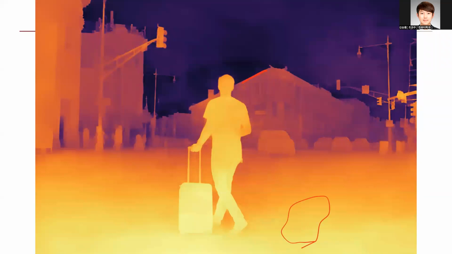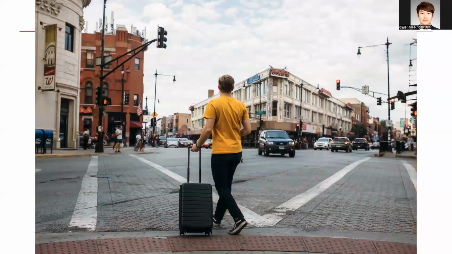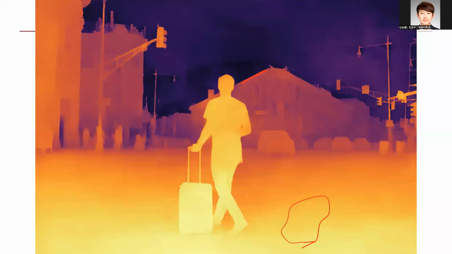So even though the network only sees these single images, by considering the context or the other depth cues, it estimates the 3D information in monocular 3D information.